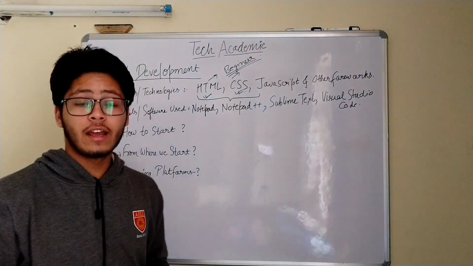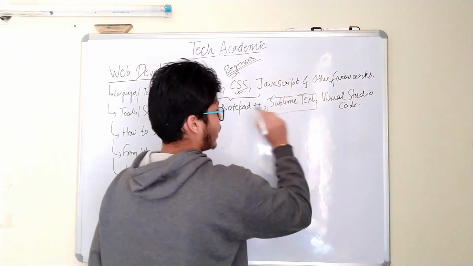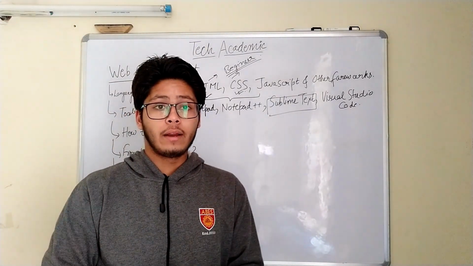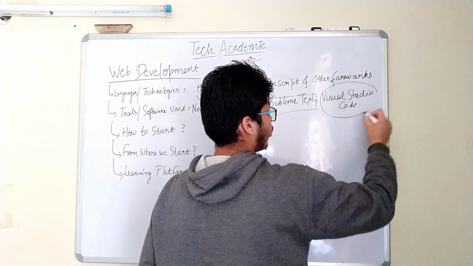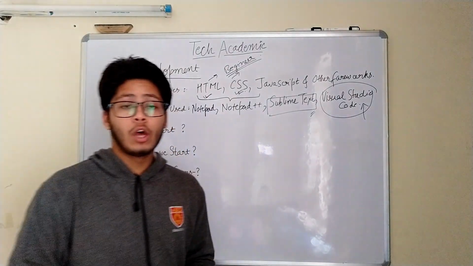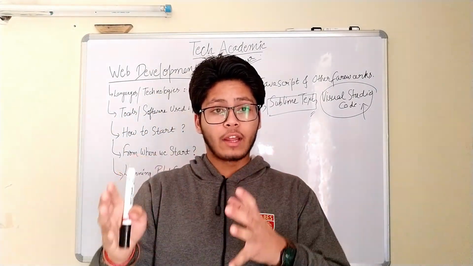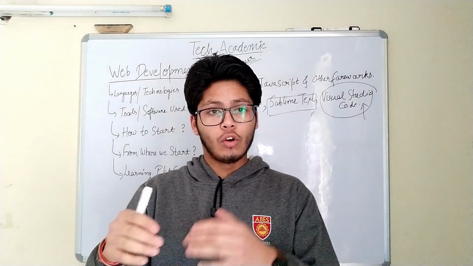As a beginner, I prefer you use Sublime Text, but if you are intermediate or experienced, then you can use Visual Studio Code, which is much better than Sublime Text. Visual Studio Code provides you the proper hierarchy of your code, means the files and images in your folders.